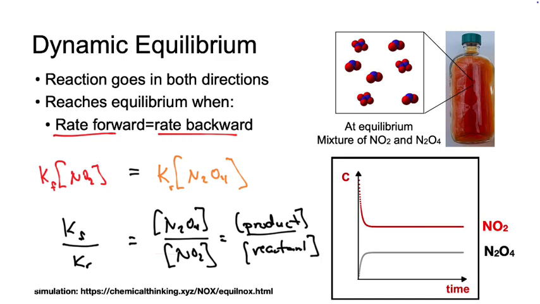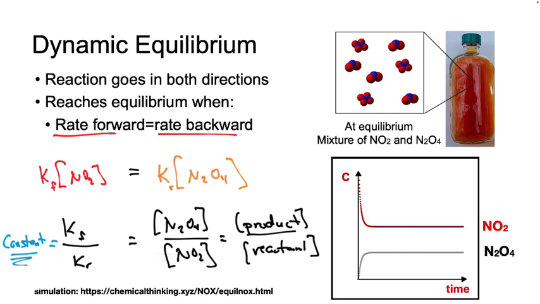I just derived it. What is a constant divided by a constant? Another constant. So we could define the rate constant of the forward divided by the rate constant of the reverse to be equal to some new constant. When does this constant come into existence? It comes into existence when the rate forward equals the rate backwards.